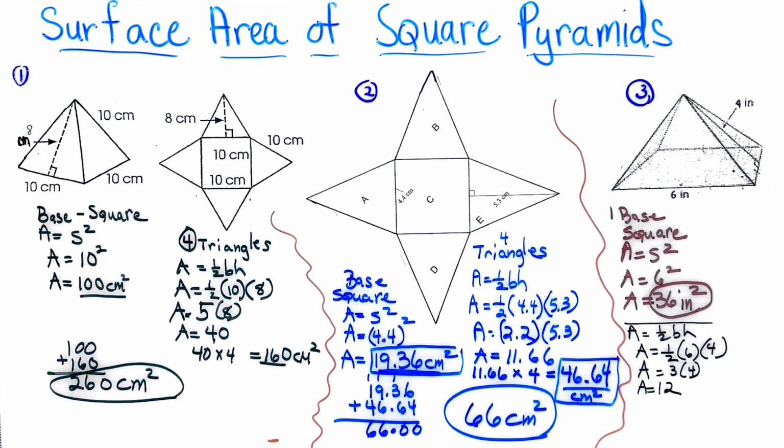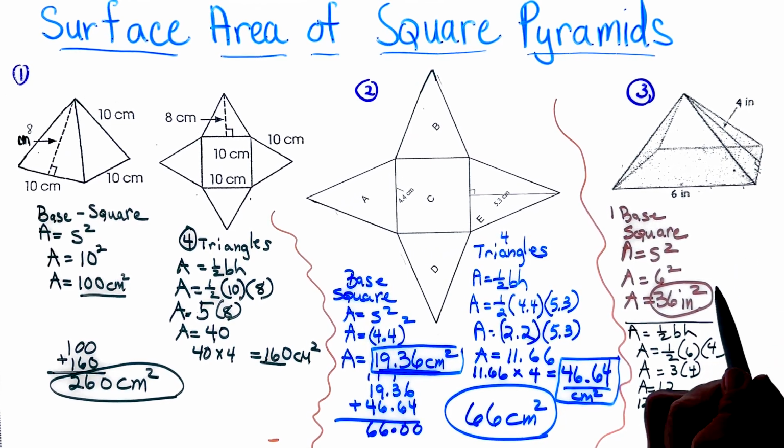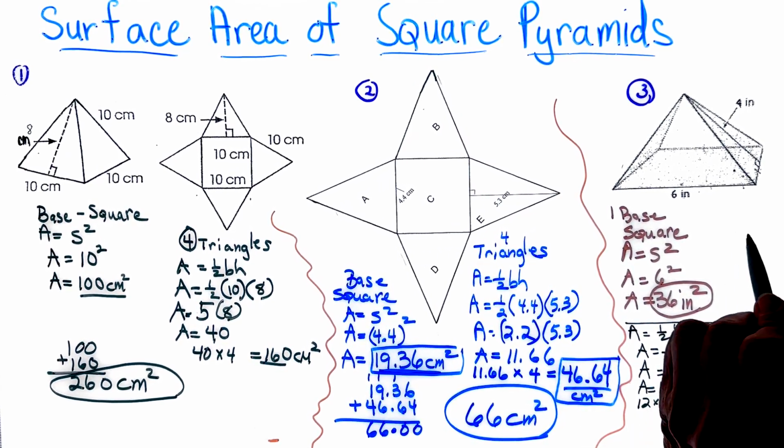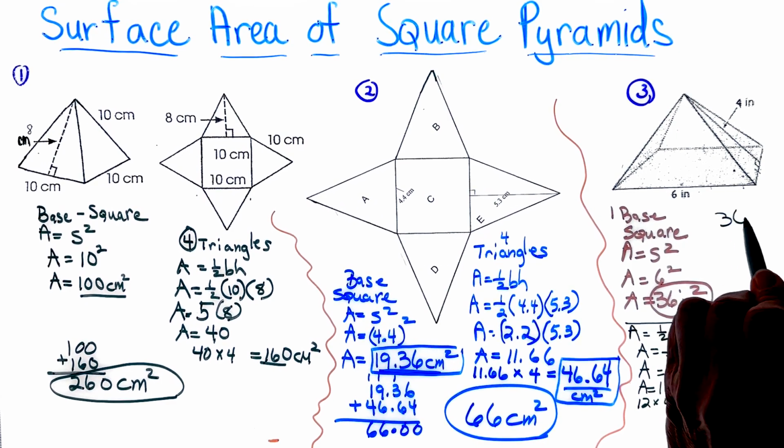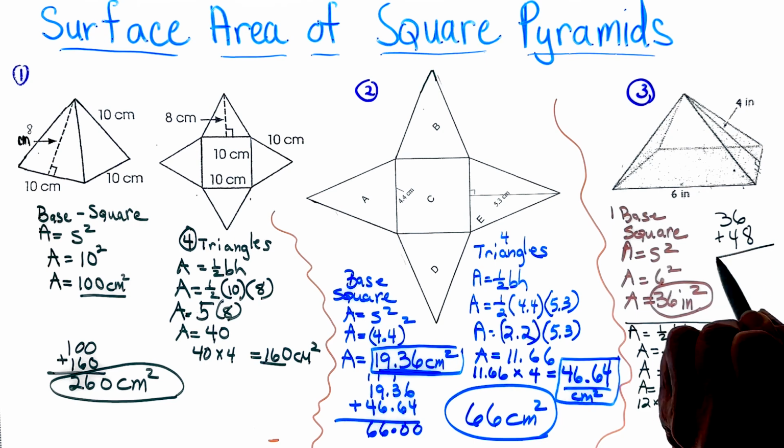But remember, we don't have 1, we have 4. So we're going to do 12 times 4, and that is equal to 48 inches squared. So now to find our final answer, we are just going to add these two together, and we end up with a 36 plus a 48.